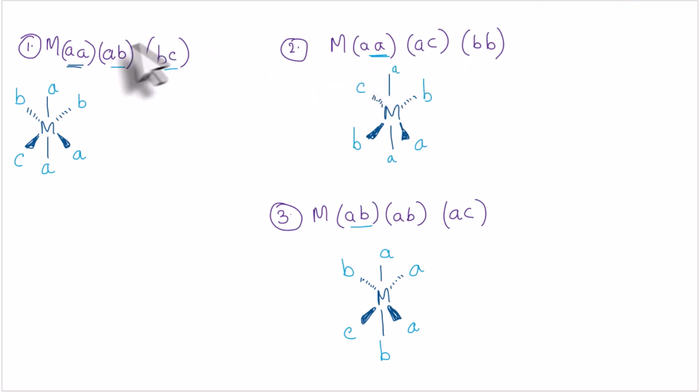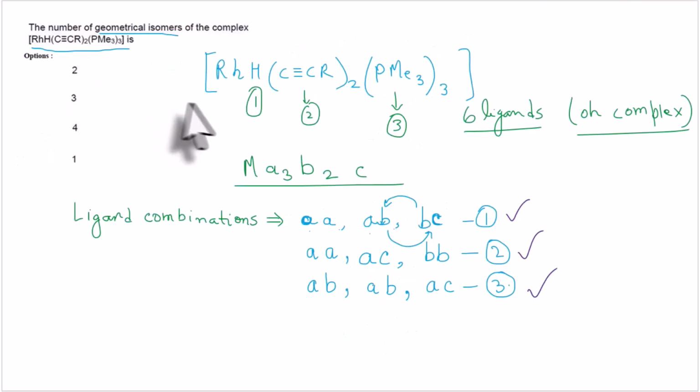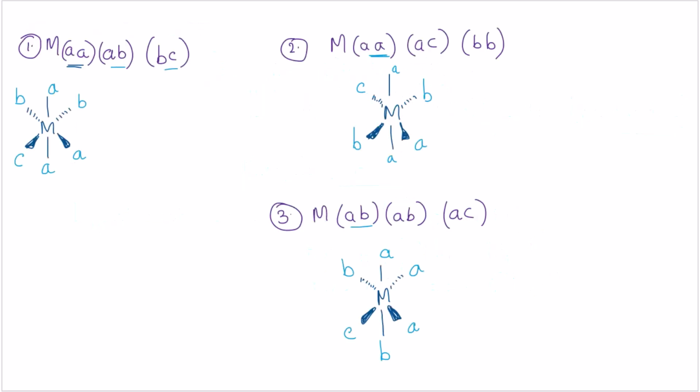Now let's go back to the question again to check on these groups. We have 3 PMe3, trimethylphosphine ligands.